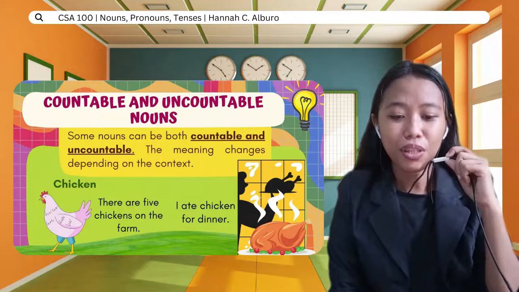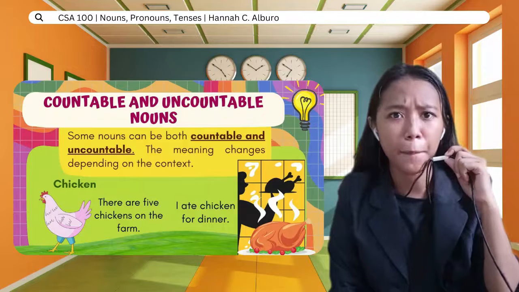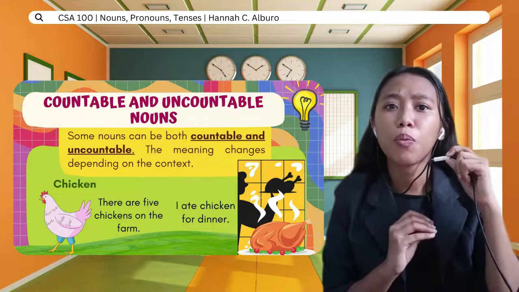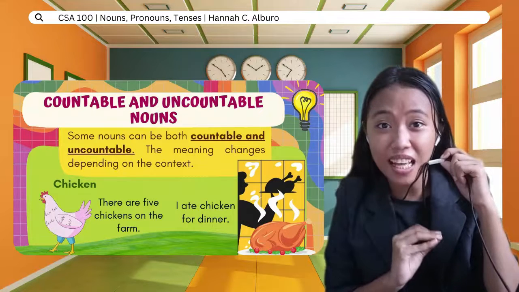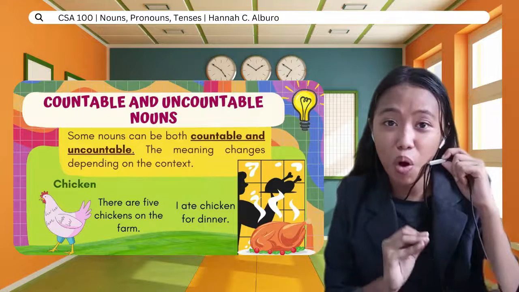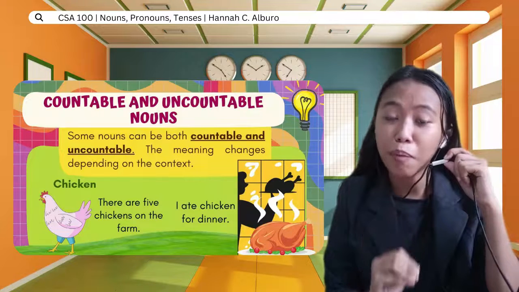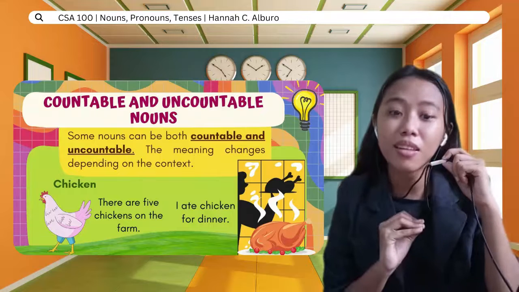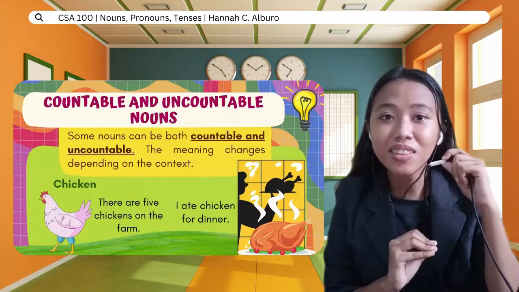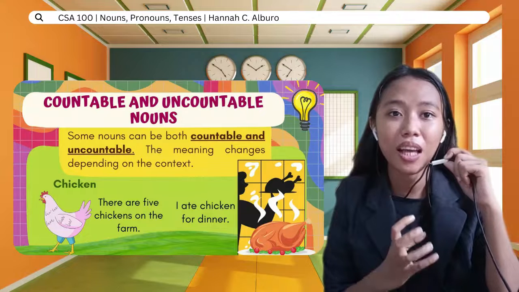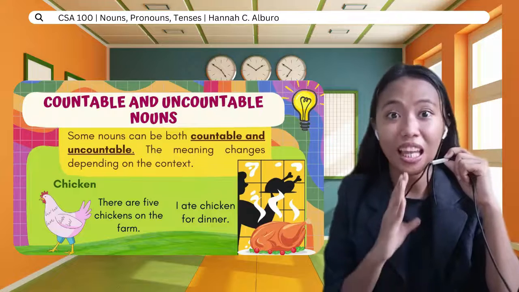So, for the first sentence, there are 5 chickens on the farm. The word chicken over here is referring to the chicken as an animal. Therefore, we can count it. We can use a number together with it, and the word chicken, if we are referring to the animals, has a plural form. Chicken, chickens.